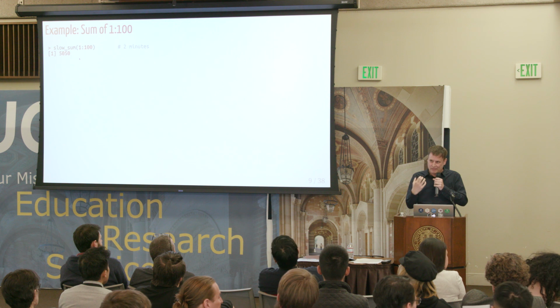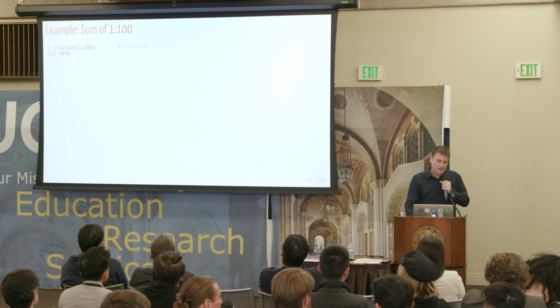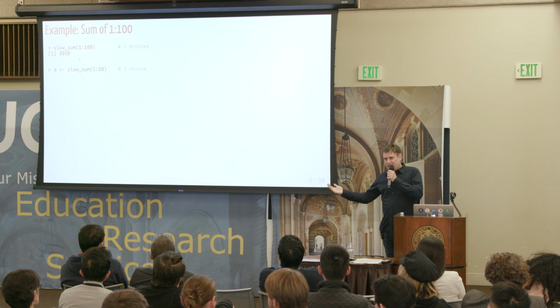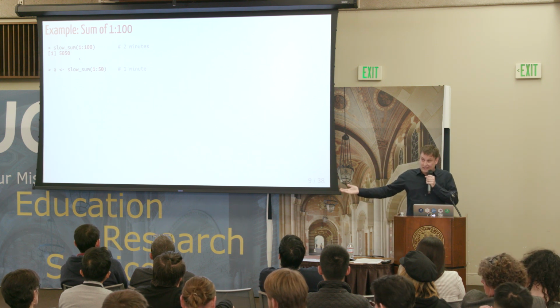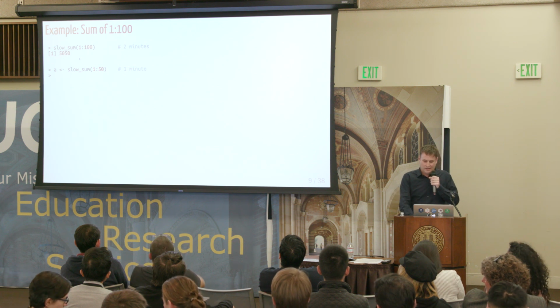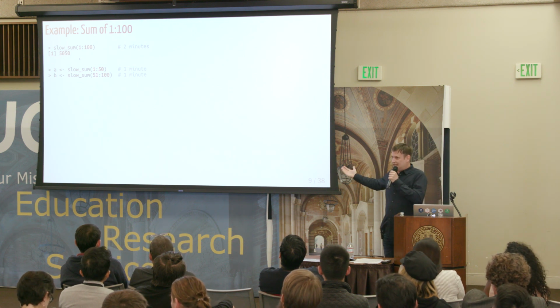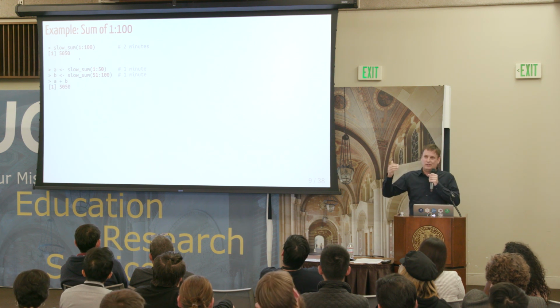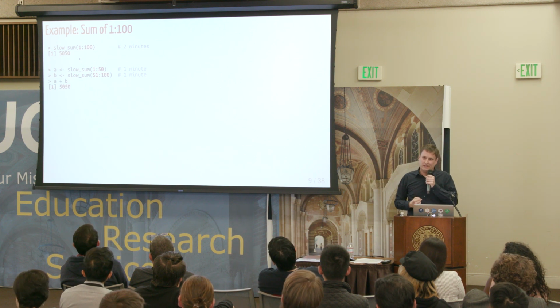The problem has that property, allowing us to split it up. So we can calculate the sum of the first 50. That will now take half the time, 1 minute, and assign it to A. We can calculate the sum of the last 50 and assign it to B. And afterwards we can do A plus B and get the result again.